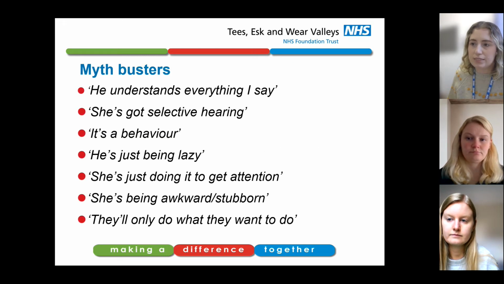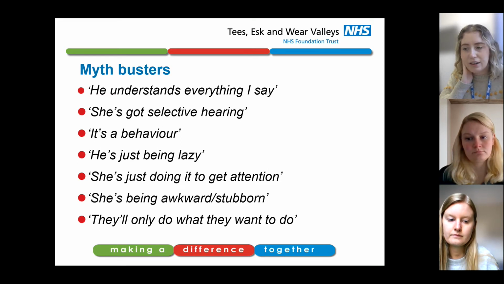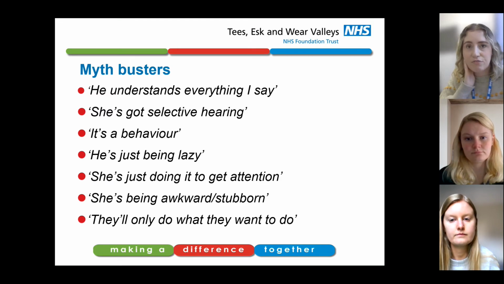So if we go to the next slide, these are just a couple of things that we might hear quite often about someone with a learning disability, and it's not to say that these are coming from a bad place or anything like that, but hopefully by the end of the session we might have changed your mind if these are some opinions that you might have previously thought of before. So people might think that oh yeah, he understands absolutely everything I say.